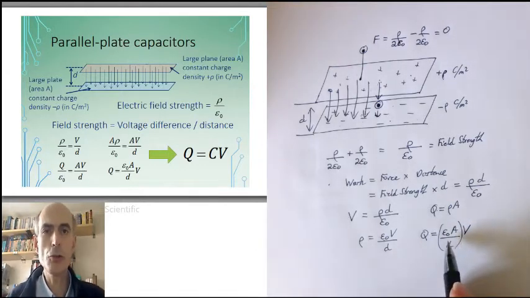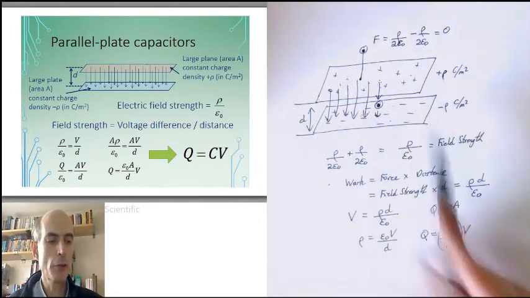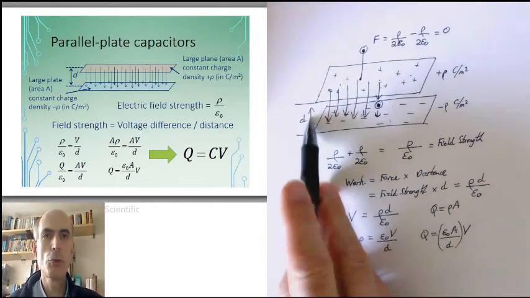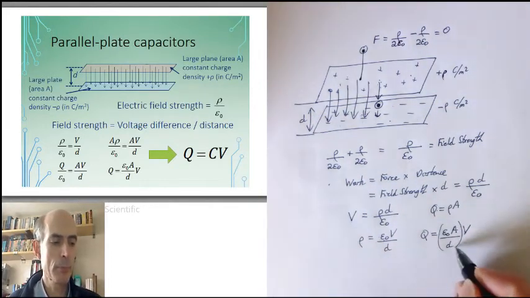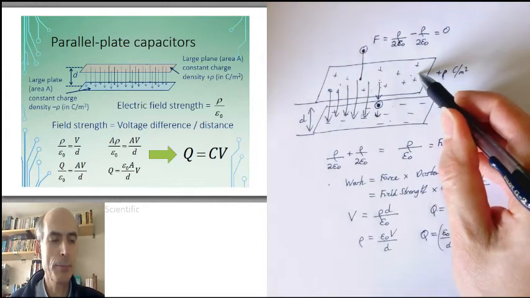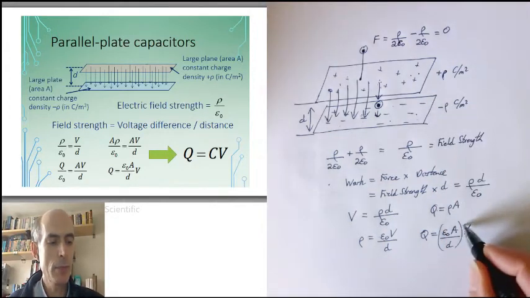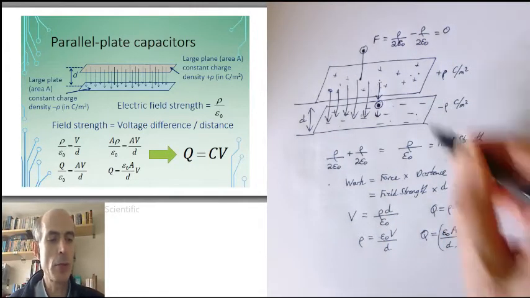These are all constants after I've built my capacitor. Epsilon naught, the permittivity, A is the area of these large plates, D is the small distance in between them. Q is the charge that I have on this plate, or the negative charge that I have on this plate. V is the potential difference between them.